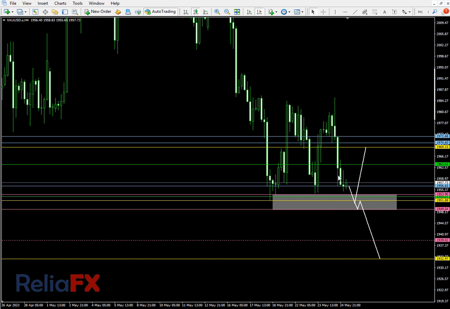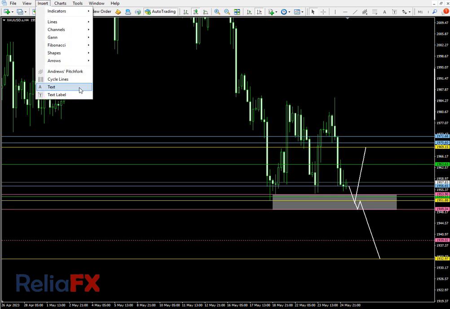In short, what I'm saying is price will sell from this area, get into this range. When it gets into this range, it has the option of deciding whether it will reject this area and go back up. This is our first take profit. I could label those too.